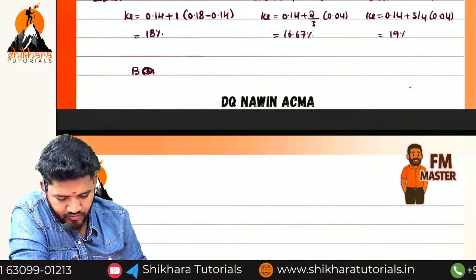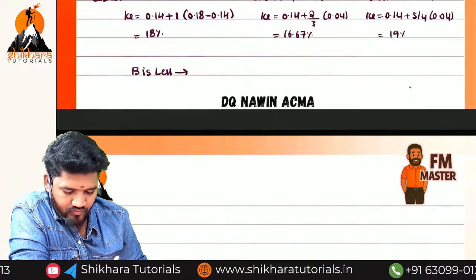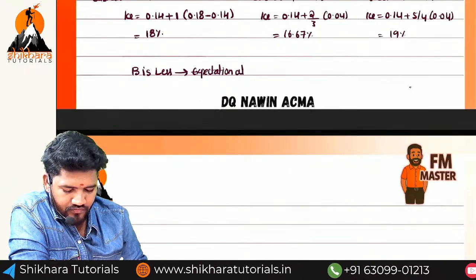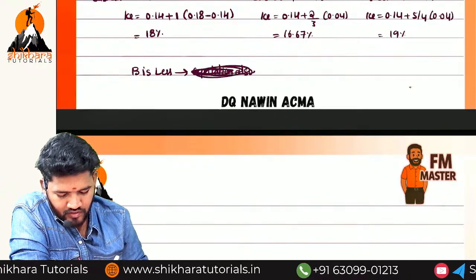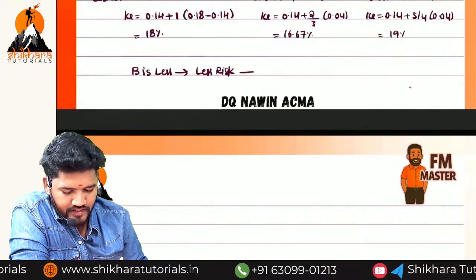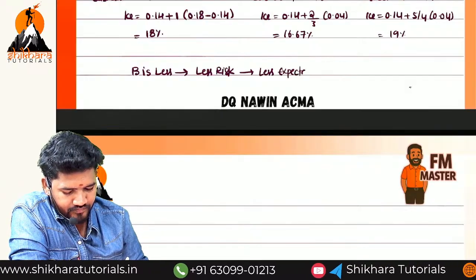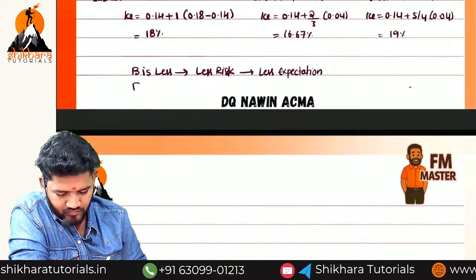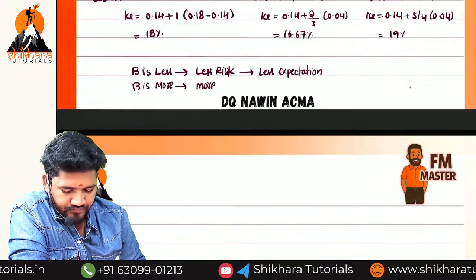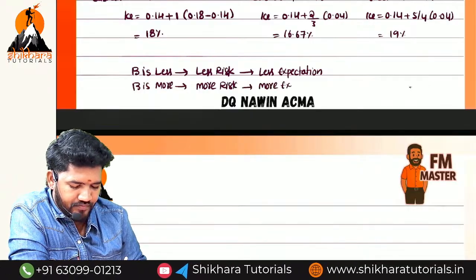If beta is less, it means less risk, less expectation, in simple terms. If beta is more, more risk, more expectation.